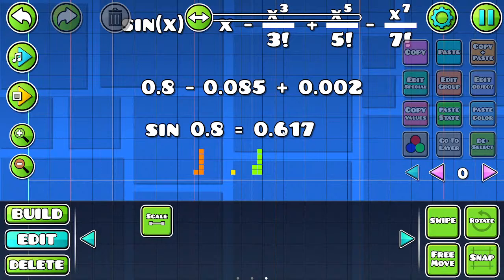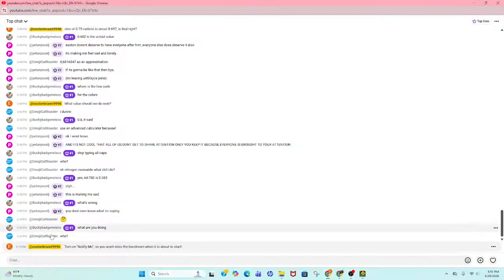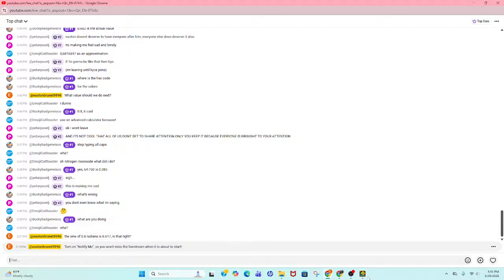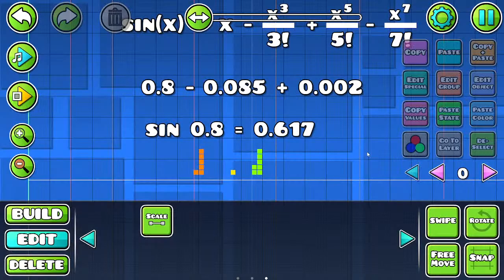The sine of 8 is about this number right here. The final answer is 617 over 1,000. Is that right? My brain is like fried right now. I'm not joking.